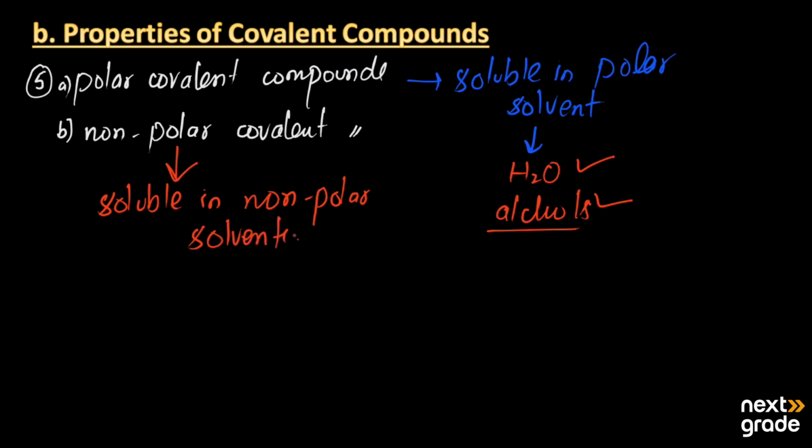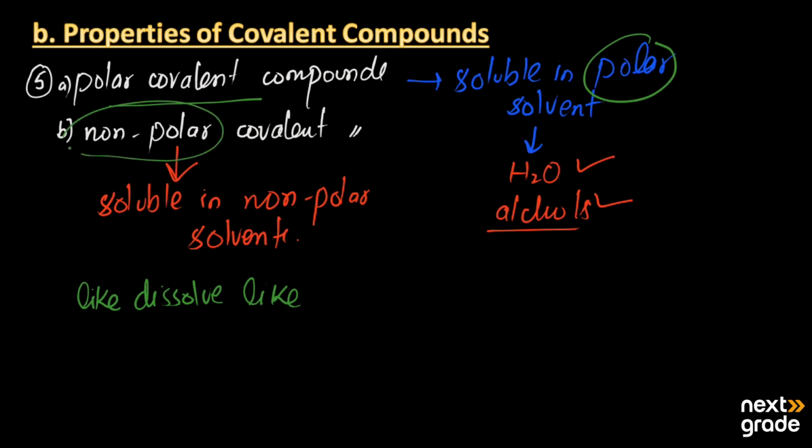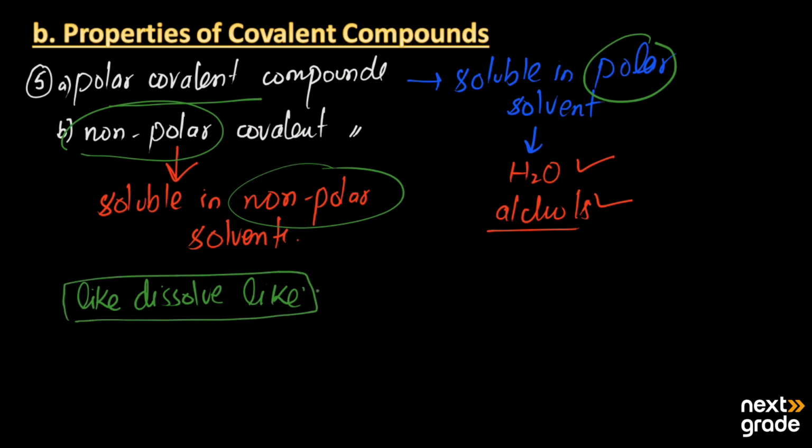So this is the theory of like dissolves like. Like dissolves like means polar compounds will be soluble in polar solvents and non-polar compounds will be soluble in non-polar solvents.